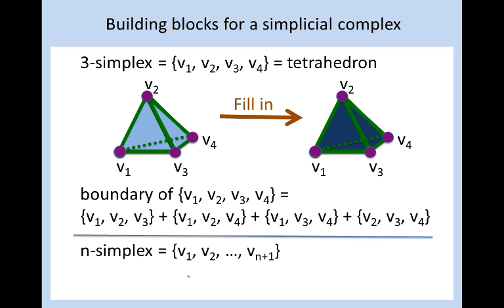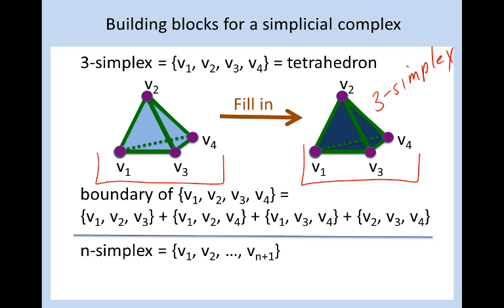To distinguish between the boundary of a tetrahedron and the solid three-dimensional tetrahedron, we will use dark blue to denote a 3-simplex. So on the left here, I have the boundary of the tetrahedron consisting of just the two-dimensional faces, these 4 two-dimensional faces here, illustrated using light blue for the two-dimensional faces.